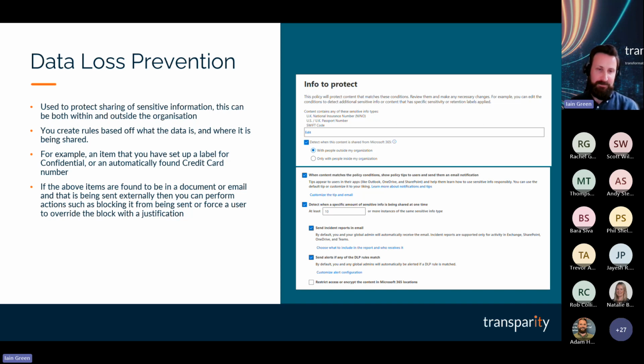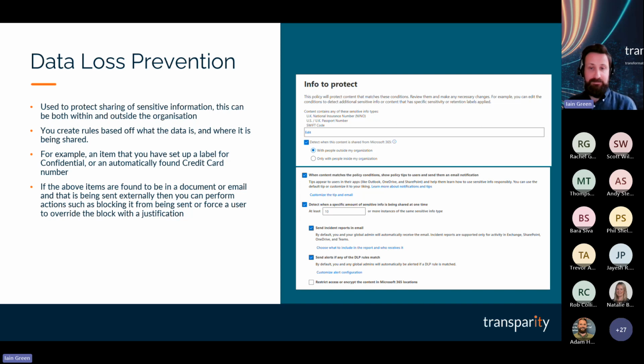Another example that we quite often come across is credit card information. So if someone is attempting to share credit card information, again, via email or Teams, then this may flag the data loss prevention. And if we take the example of Outlook, it would create a policy tip with a customized message, possibly saying, are you sure you want to send this?